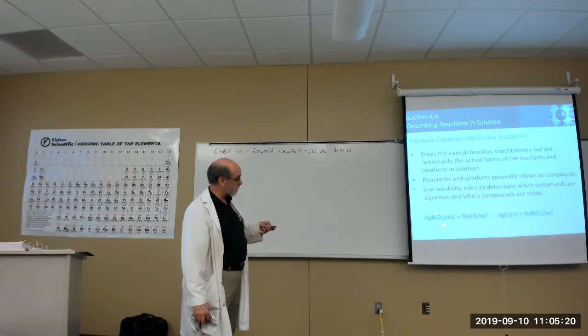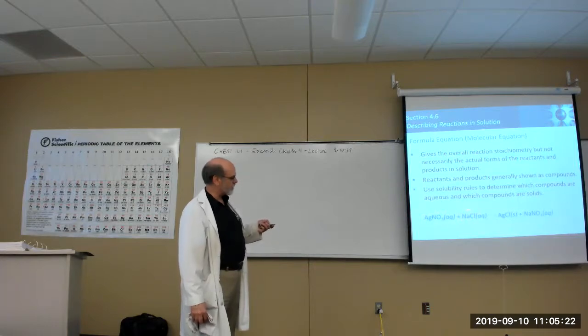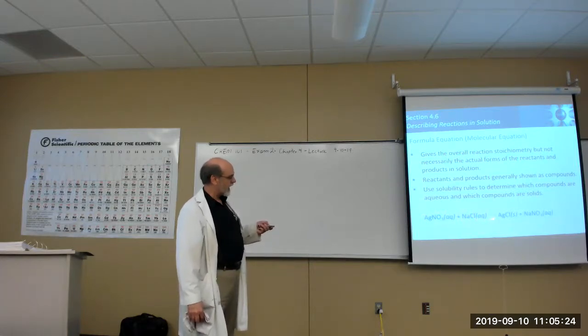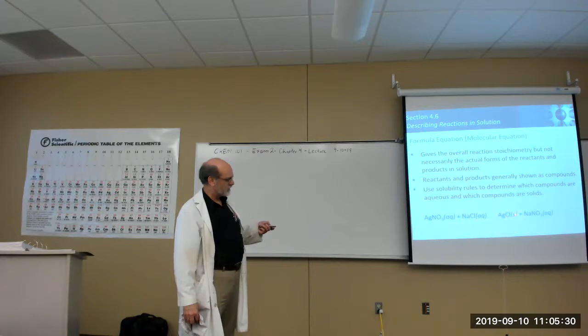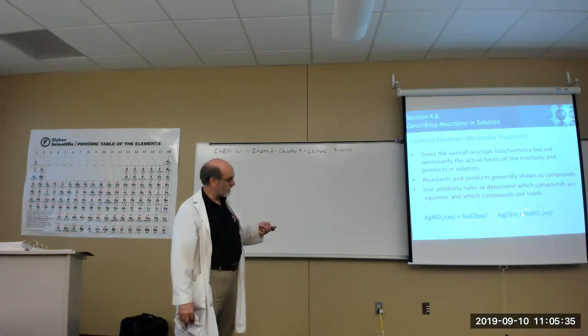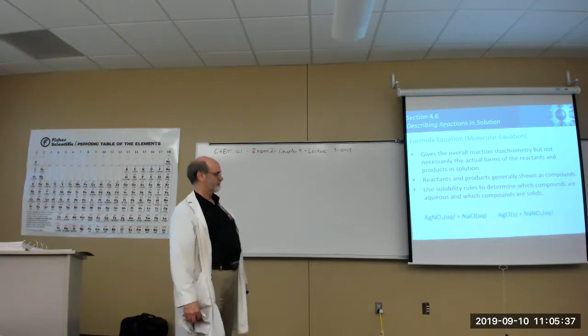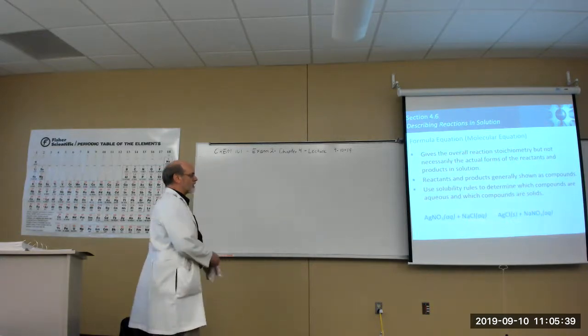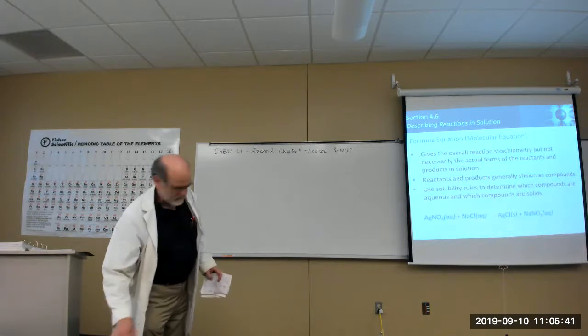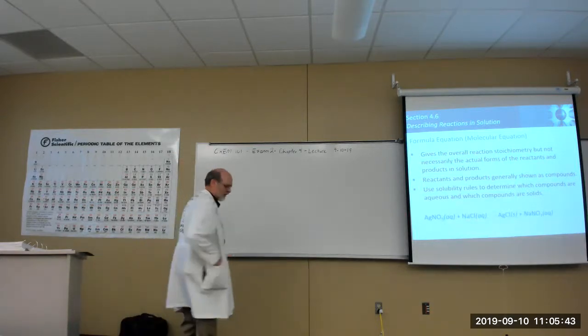Silver nitrate in aqueous solution is added together with sodium chloride and yields silver reacting with chlorine, which is insoluble, and nitrate reacting with sodium, which remains soluble. Okay? That's what's known as a complete molecular equation.